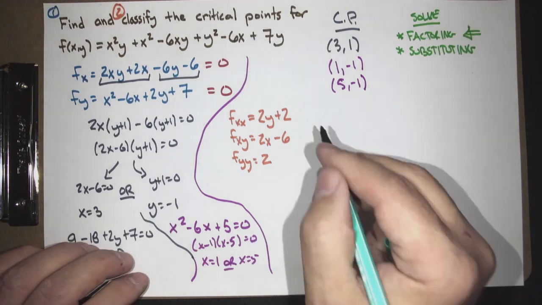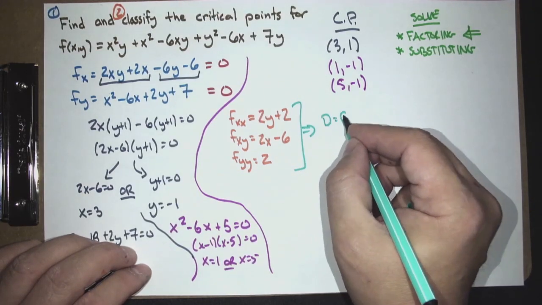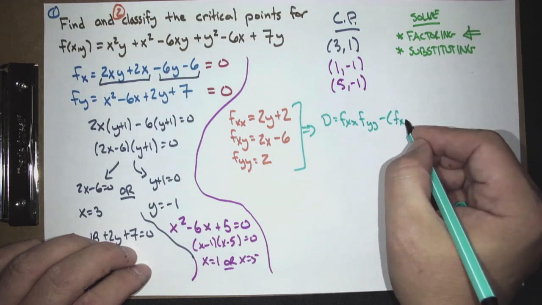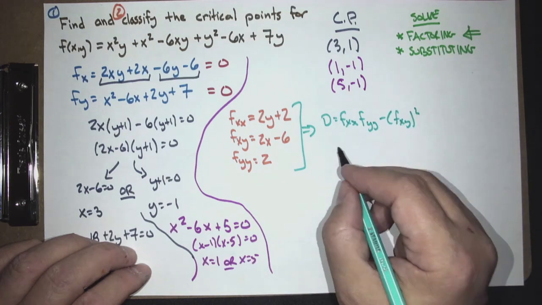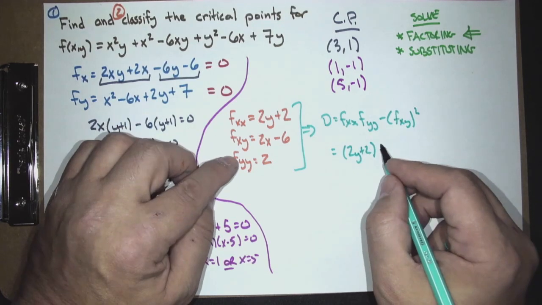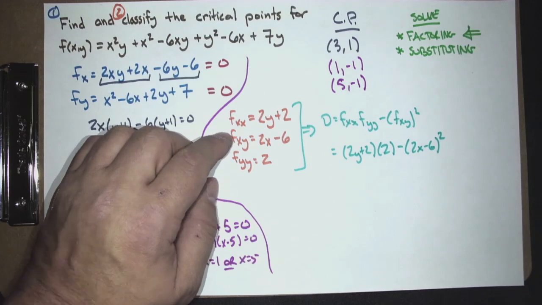So now, with these, we construct our function D. That's f sub xx times f sub yy minus f sub xy squared. So 2y plus 2 times 2. Subtract 2x minus 6 squared.